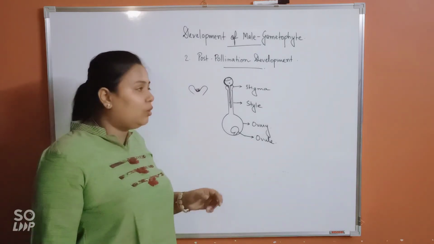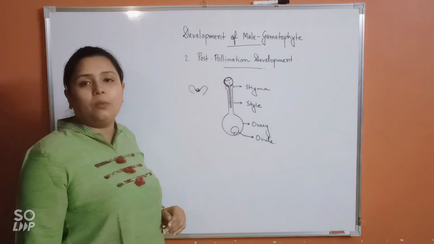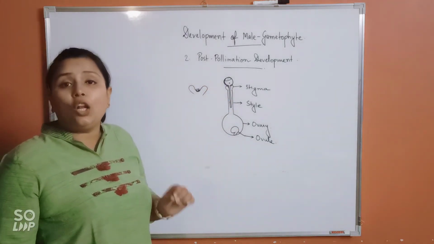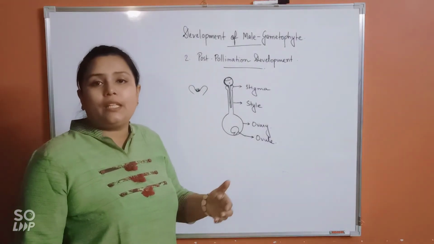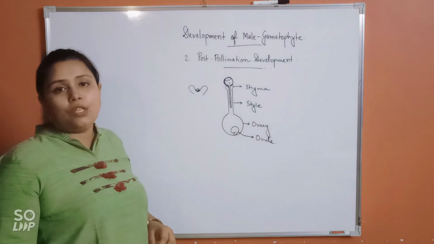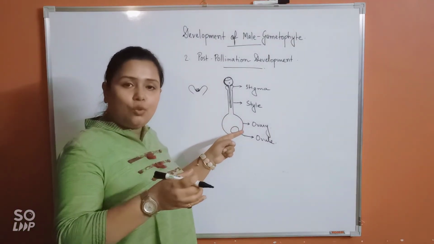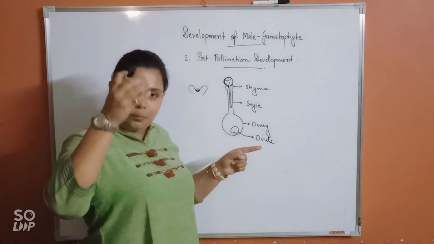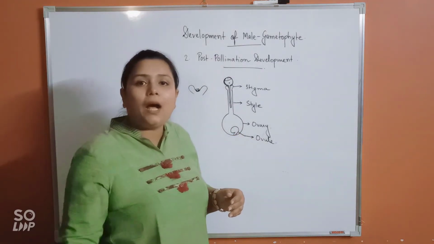In case it is hollow, the pollen tube will simply start moving inside without any problem. But if it is solid, then the pollen tube will keep secreting certain hydrolytic enzymes which will make a passage for the pollen tube to move inside. If the style is solid, the pollen tube simply cannot pass, right?